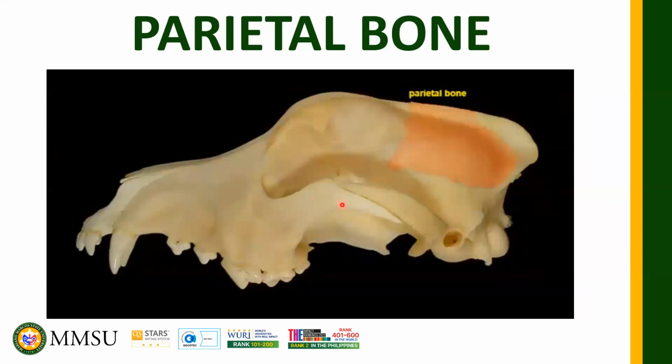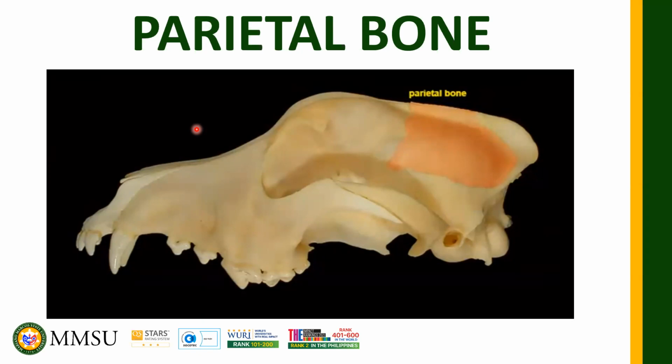So ganun din, brain protection, structural support for any movement, for any activities natin. Ang pinaka-ano lang dito siguro for the parietal bone, this is for attachment for the temporalis muscle. Okay, temporalis muscle. So just attach it yung temporal, lagyan nyo lang ng IS. So temporalis muscle. So ano ba yung temporalis muscle?